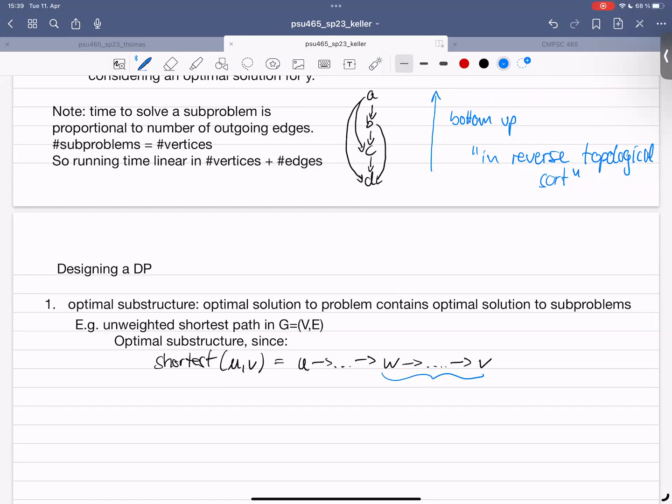And it's very simple to see because you can again apply this cut and paste argument, because if there was a shorter path from W to V, you could just replace the current path from W to V with it and obtain something that is overall shorter than your previous path. And that's why you have this optimal substructure property. So this one here must be a shortest path.